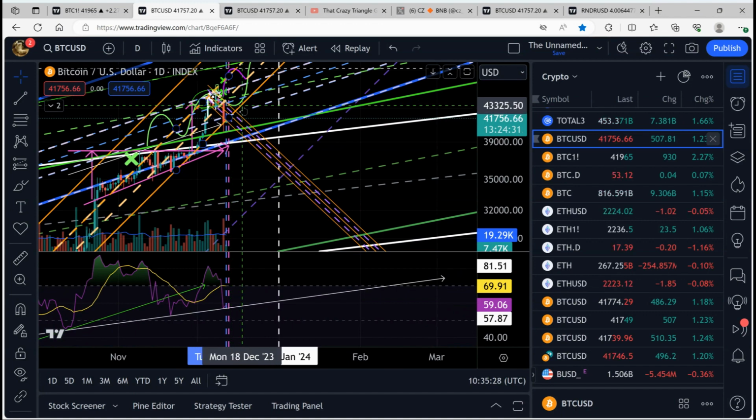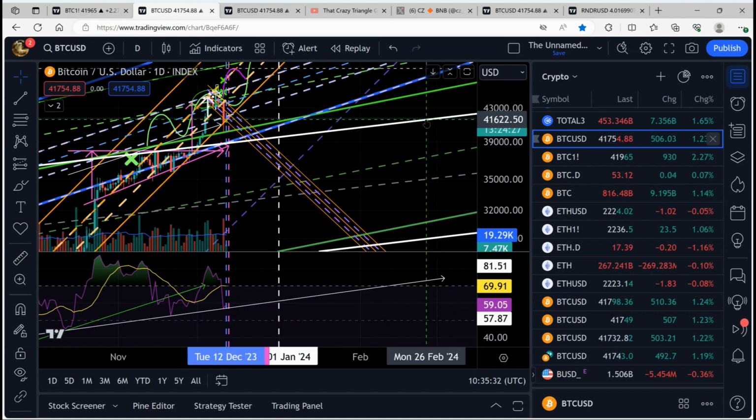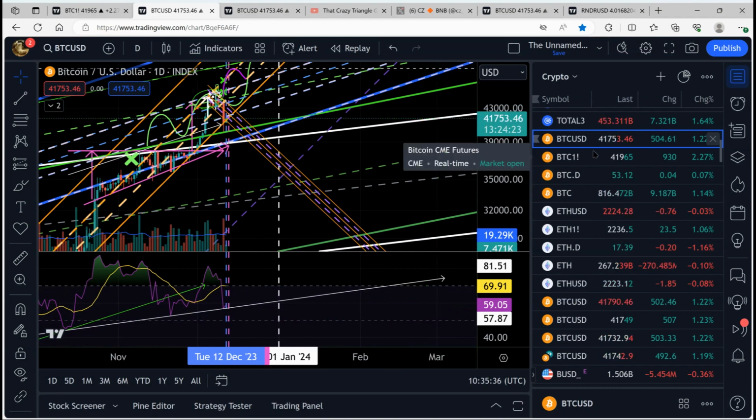The only reason we haven't had that quick correction upwards yet is because we've got the CPI data coming out in a few hours, and the FOMC meeting tomorrow. So I'm sure everybody's just holding back a little bit to see what's going to play out with those things.